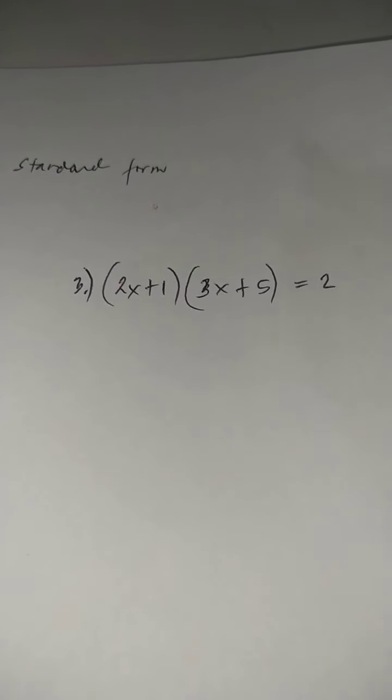Now let's consider example number 3. Again, this is a quadratic equation, but not yet written in the standard form. So, dealing with this kind of equation, rewriting it into the standard form, we multiply the first term and the first term of the two binomials.